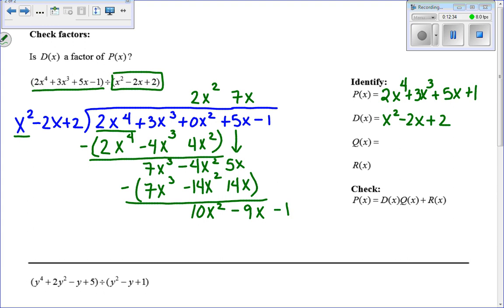Okay, x squared times what is equal to 10x squared? So that's going to be 10. Okay, 10 times x squared, 10x squared minus 20x plus 20. Subtract.